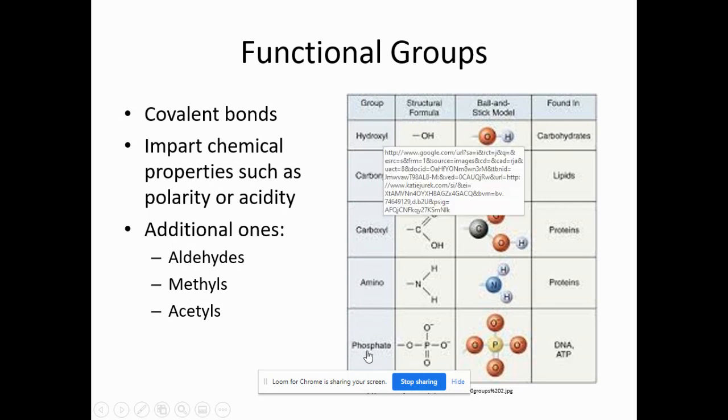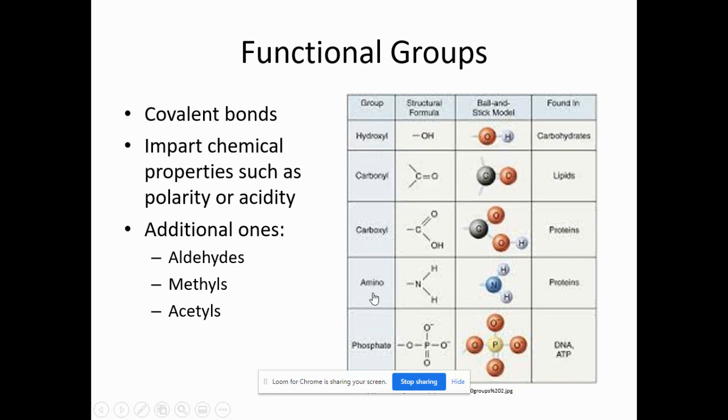Phosphate groups, you'll see phosphate groups for a very long time if you continue studying biology. Amino groups, we'll talk about amino groups a lot in a few minutes. And then hydroxyl, carbonyl, carboxyl. You'll hit these when you get into organic chemistry. Aldehydes, methyls, acetyl groups. These functional groups are very important because they give the molecules their chemical properties.